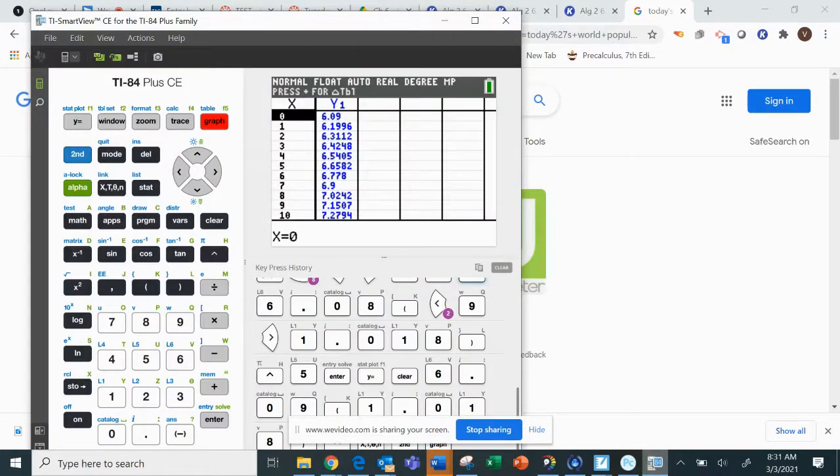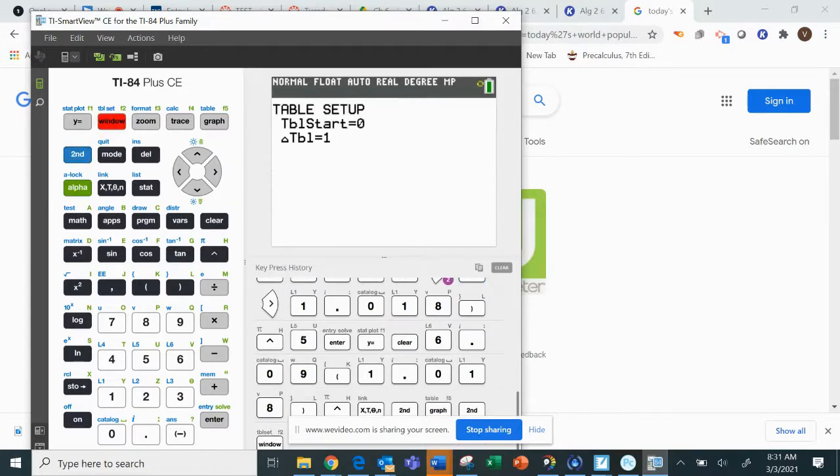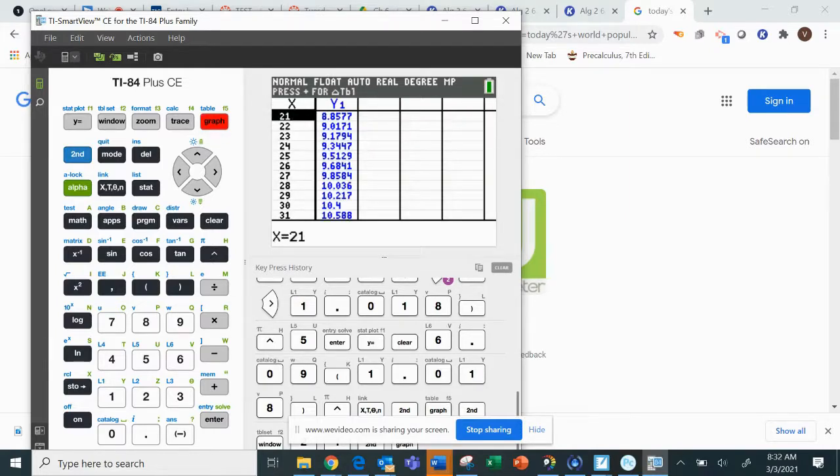So what number do I have to go to on the X? 21, right. And you can actually jump there. Just want to show you. If you ever need to go to like 100, you don't want to just arrow down 100 times. So you can do second window, which is table set, and you can tell your table to start at 21. And then I'll go back to my table, second graph, and there it starts at 21.